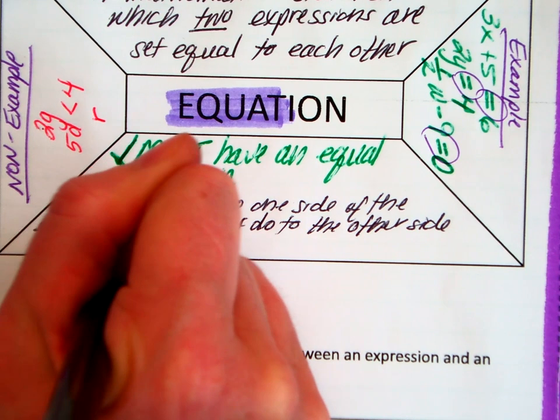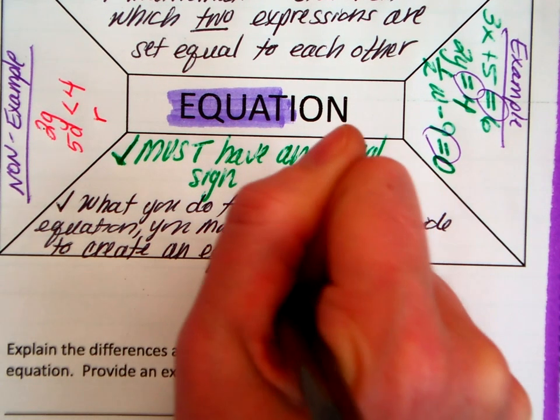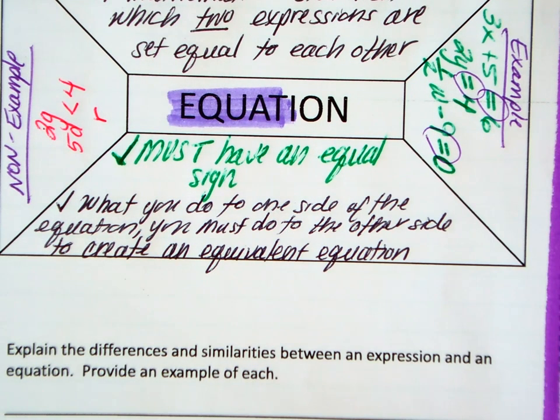You want to keep that balance. But we know this is especially true when we're trying to isolate a variable.